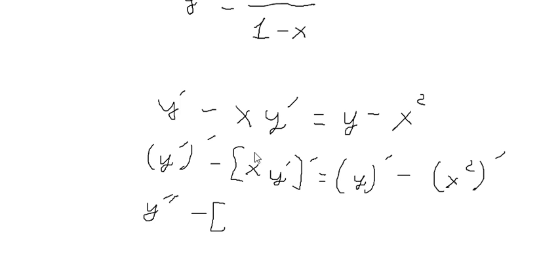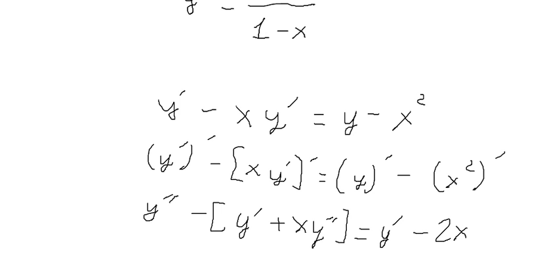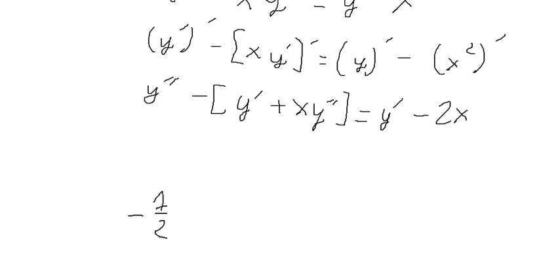The first derivative of x you get 1. The first derivative of the first derivative you get the second derivative. This one we get the first derivative. This one you get negative 2x. So we need to open the brackets.